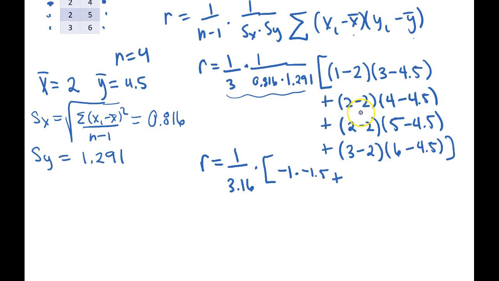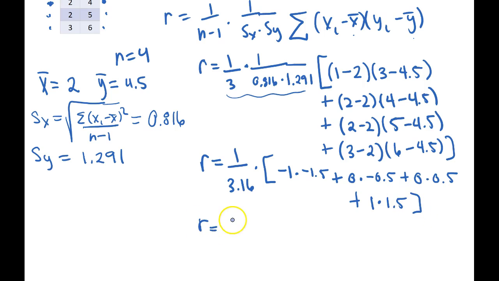Plus, 2 minus 2 is 0 times 4 minus 4.5, which is negative 0.5. Plus 2 minus 2 is again 0 times 4 minus 4.5, which is a positive 0.5. Plus the last expression here, which is 1 times 6 minus 4.5, so 1 times 1.5.